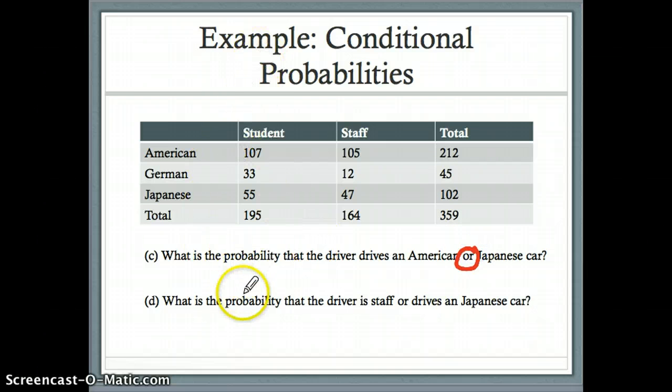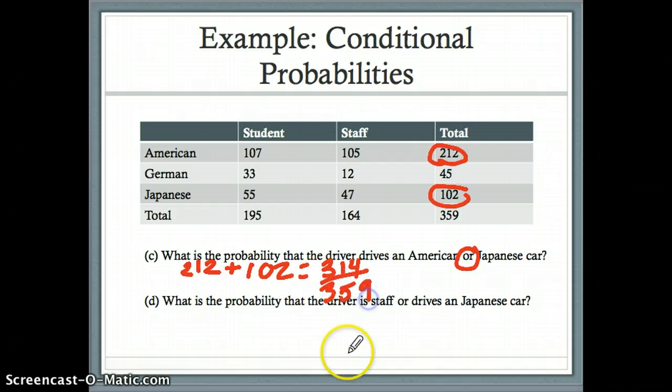I'm going to be looking at the 212 American cars plus the 102 Japanese cars, which is going to be 314 over the 359 cars. But of course, you could have done that as a complement because there's only three options. So you actually could have done 359 minus the 45, which would have given you your 314 there as well.